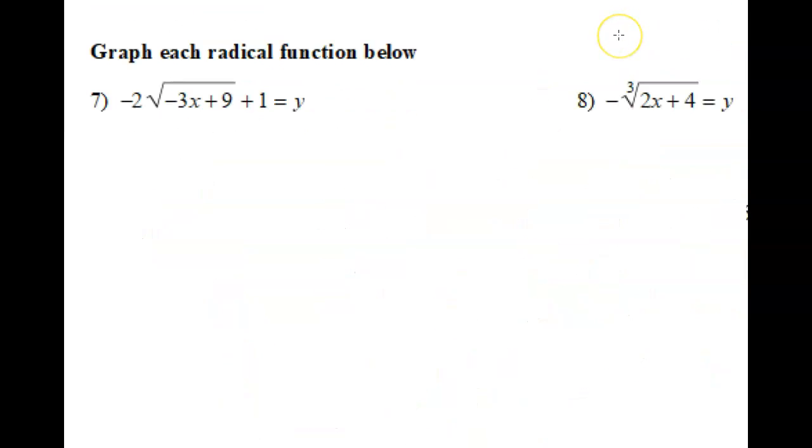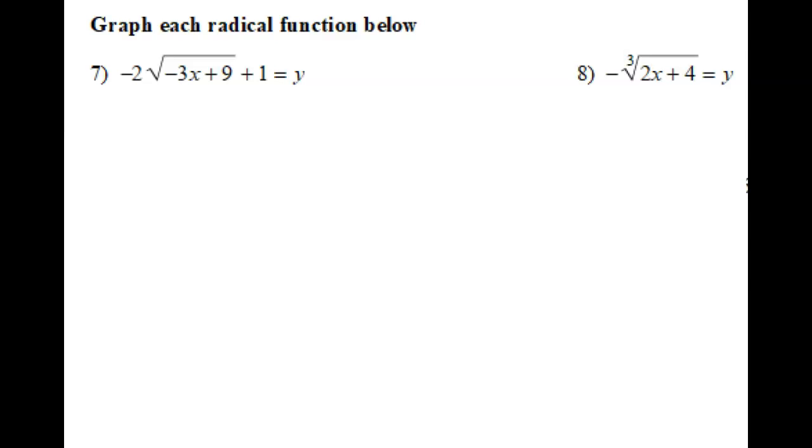Number 8. For this, we're graphing. So basically, we need to start by remembering that when you're graphing radicals, you have a number out here, you have a number here, and here, and here.